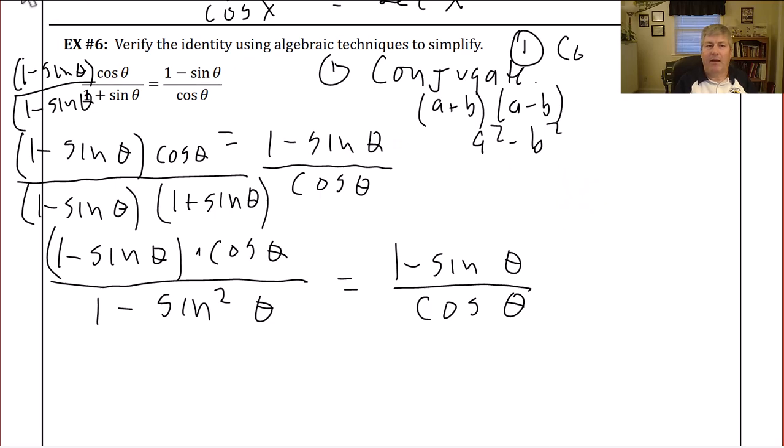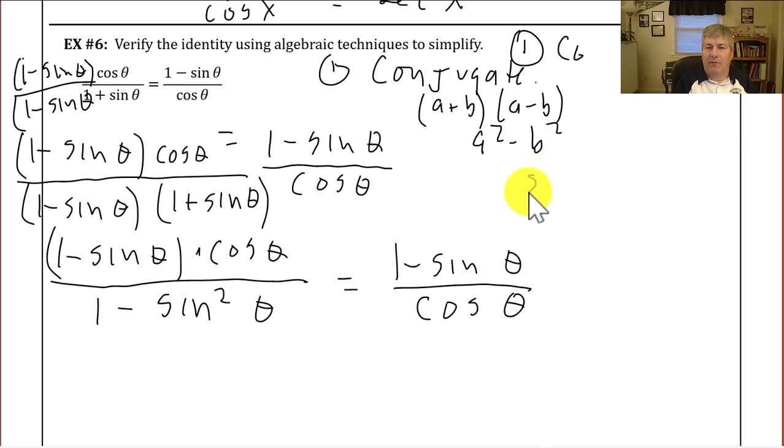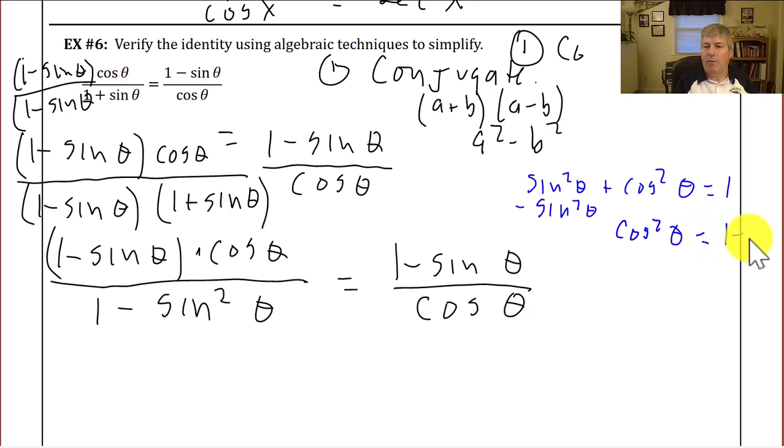Well, this denominator of 1 minus sine squared theta is part of our Pythagorean identity. In our Pythagorean identity, and you're going to memorize this, right? We have sine squared theta plus cosine squared theta equals 1. Well, if we subtract sine squared theta from both sides, we get cosine squared theta equals 1 minus sine squared theta.